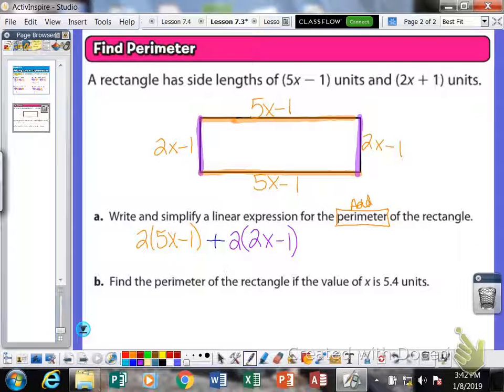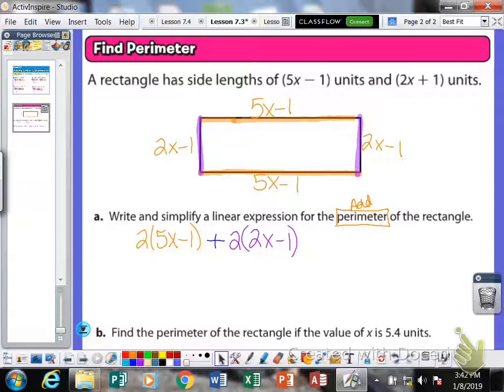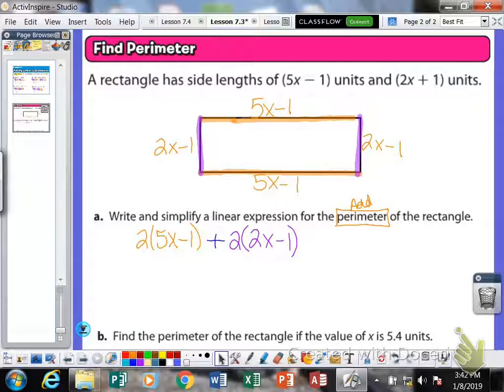So let's write and simplify a linear expression for the perimeter of the rectangle. I'm not done, because this is not simplified, because I have to distribute and combine like terms.